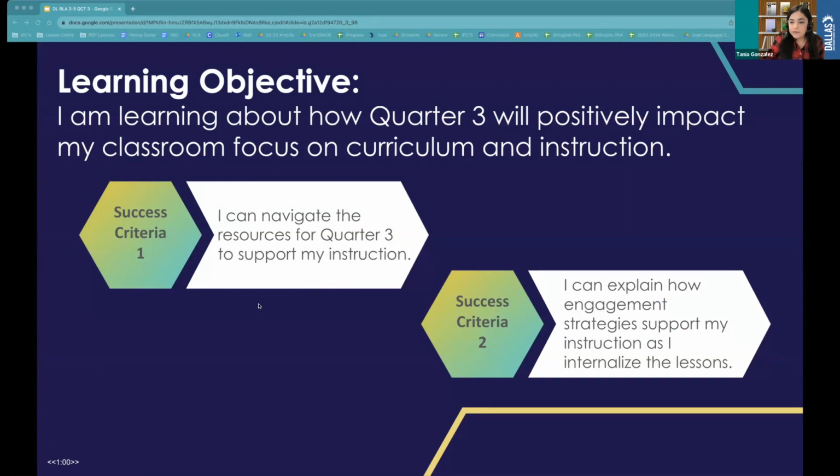I didn't see who that was, but thank you so much for reading success criteria number 2. Can somebody please read number 1? I can navigate the resources for Q3 to support my instruction. Thank you, Mr. Cantu. We will navigate the resources for Q3, and part 2 will be exploring the resources or engagement strategies that we can use to support our instruction.